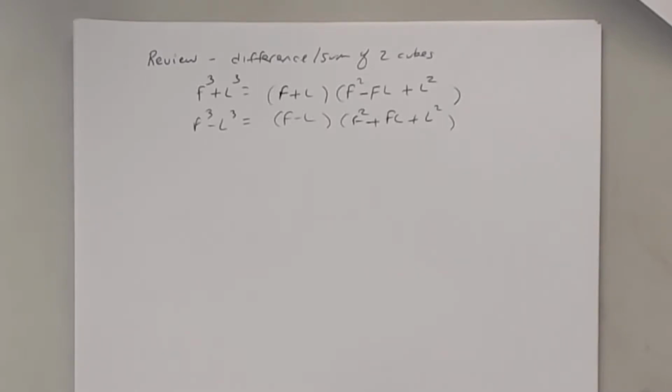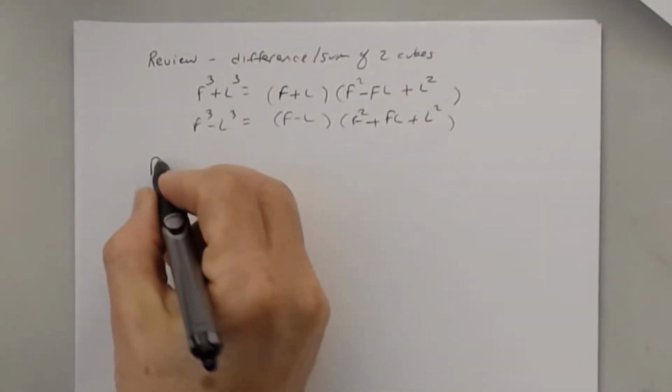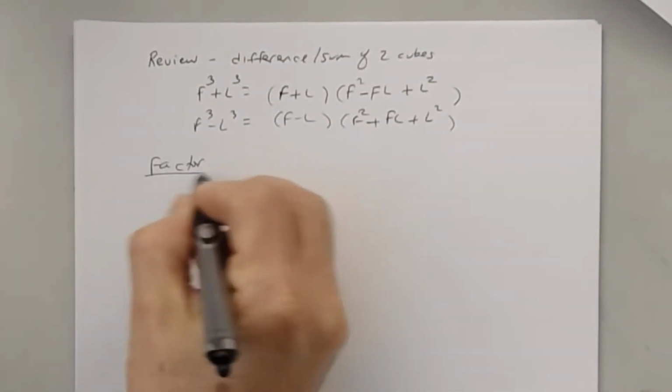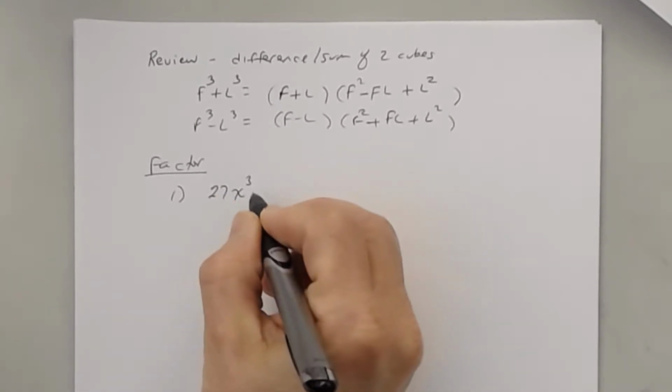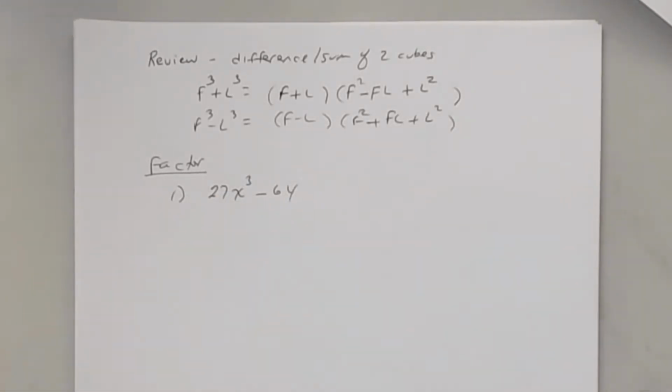Okay? So let's look at a few examples before we look at something new. So let's suppose I wanted to factor, number 1, 27x cubed minus 64.